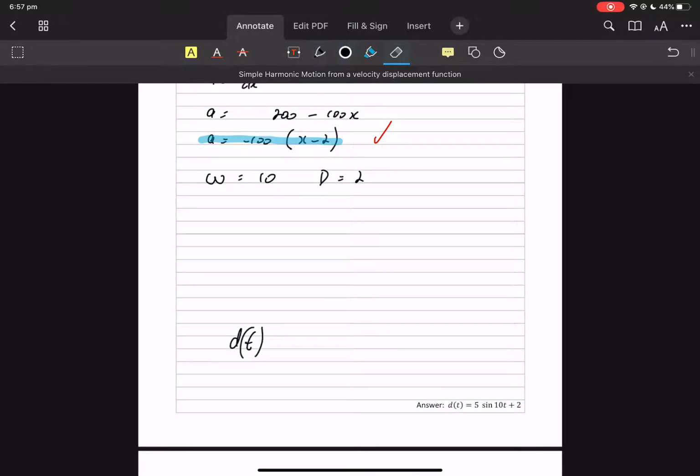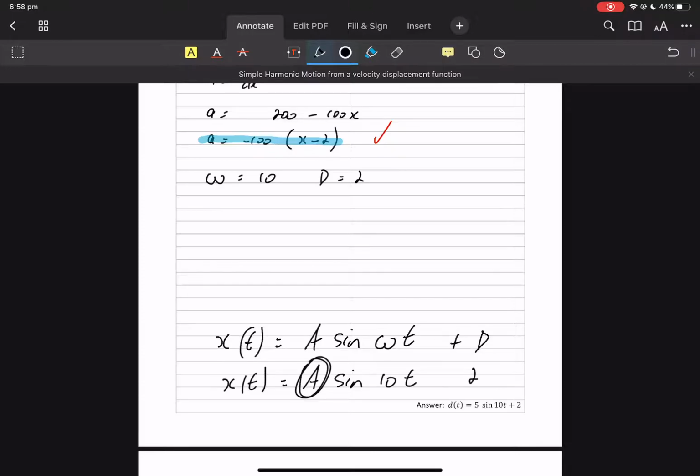Let's not use d. We're not maths B. x of t equals a sine omega t plus d. We've got d is 2. We've got omega is 10. And we don't know what this a is.